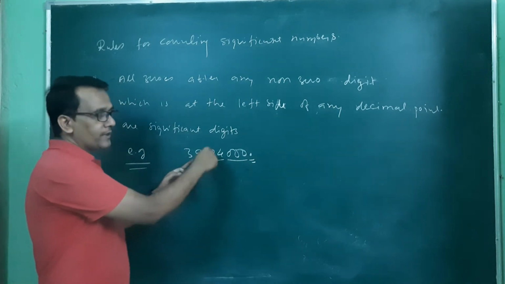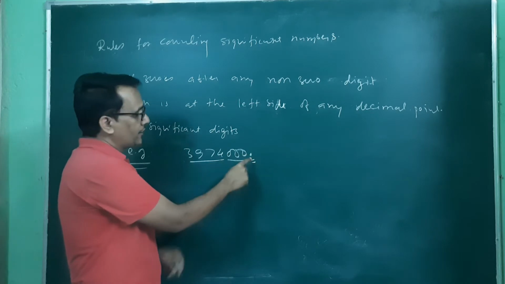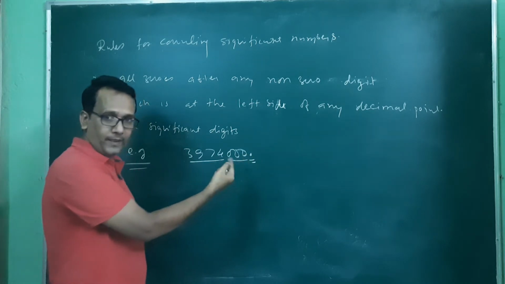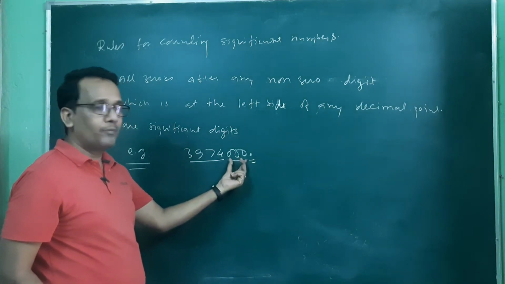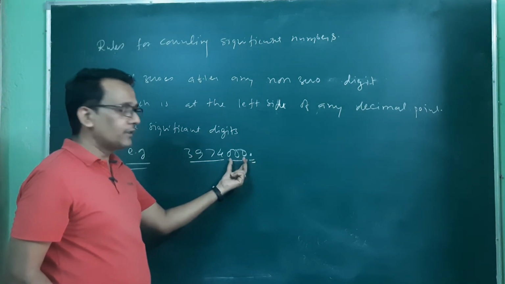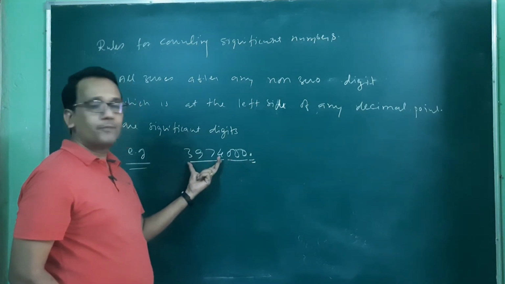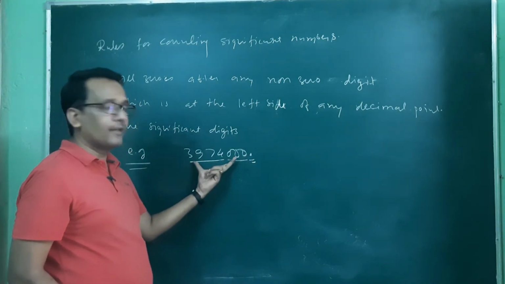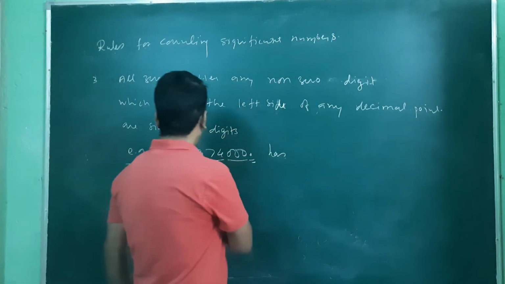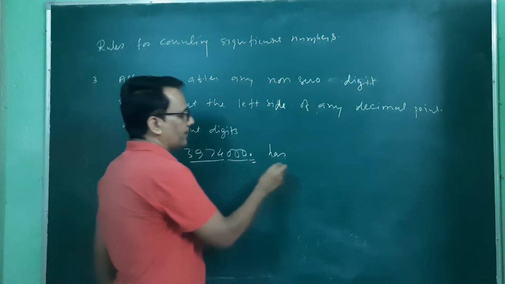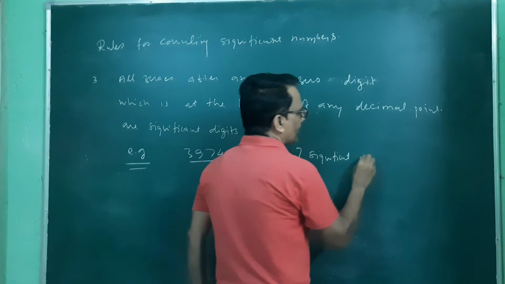All the zeros on the right-hand side of the non-zero numbers are significant, but the condition is that they must come on the left side of a decimal point. So these are the zeros which are at the left side of this decimal and the right side of these non-zero numbers, and all these are significant digits. So here there are 1, 2, 3, 4, 5, 6, 7 significant digits.